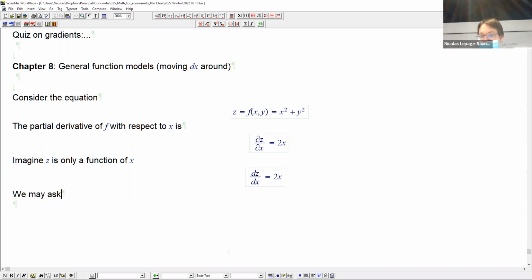Okay, so we may ask, how would z change following a change in x that we call dx?